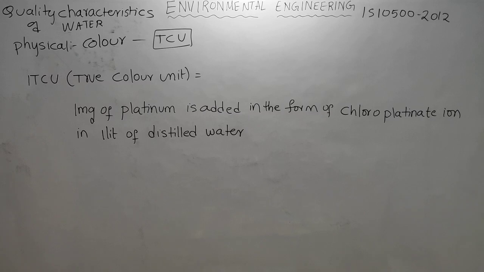Here what we do is we take these water samples. How to determine the color of a water? The color of a water can be determined using a tintometer.